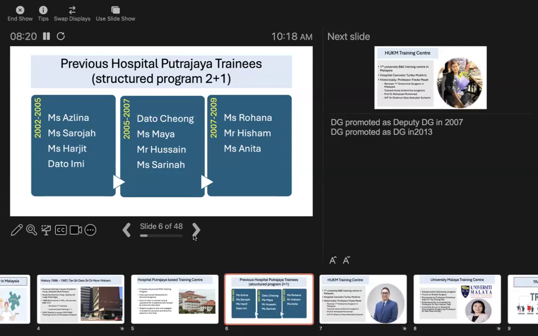Finally, in 2007, Ms. Wahana, Mr. Hisham, as well as Ms. Anita joined in Putrajaya. Is it correct, Ms. Anita? Ms. Anita is the only one who is really loyal and still in Putrajaya now.